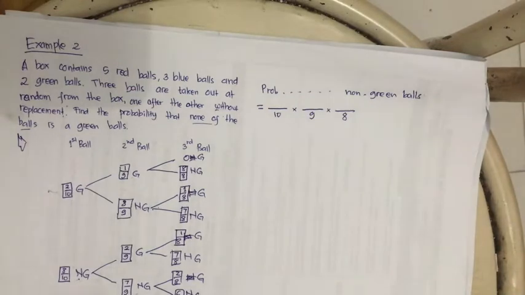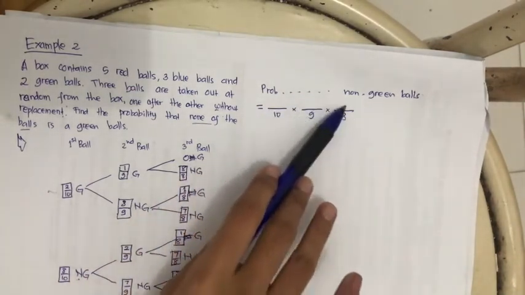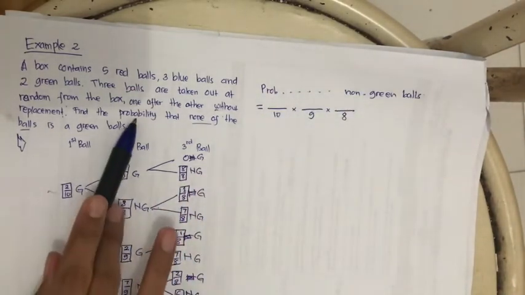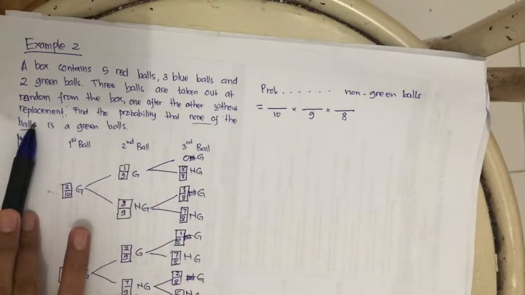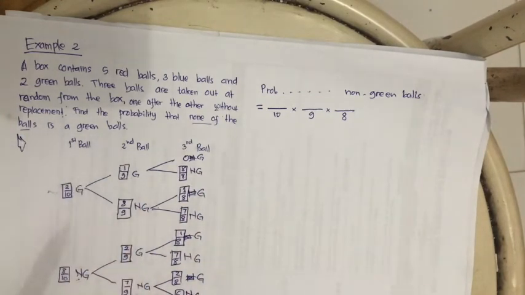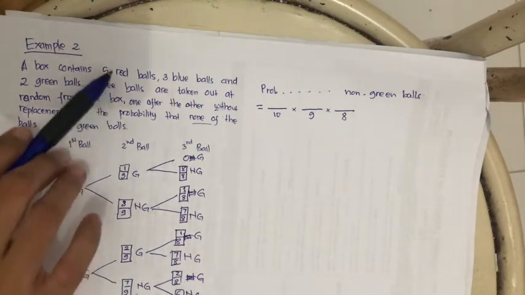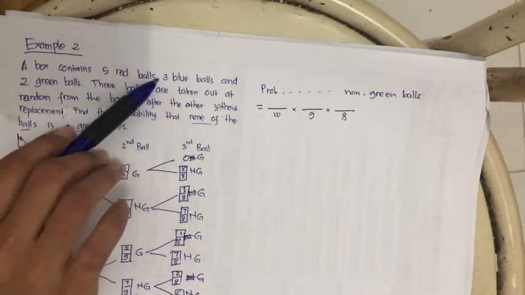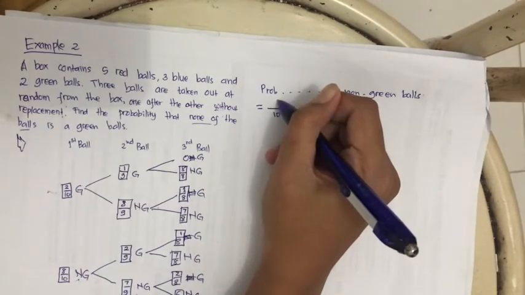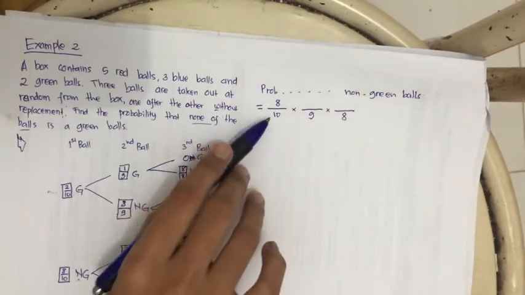So now we just need to find the numerators. The probability that none of the balls is green: we just consider non-green balls. We have 8 non-green balls here. So for the first experiment, the probability is 8 over 10.